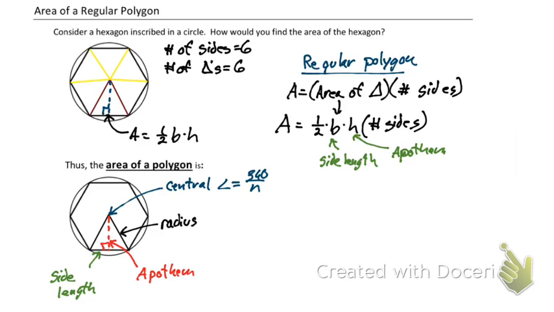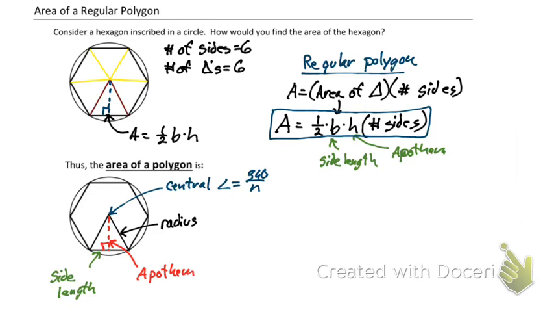It's not terribly important if you were just given a picture and you have to pick that stuff out. But if I give you a problem that says the side length is 12 and the apothem is 8, you have to know where it goes in the equation. So the area of a regular polygon is as stated like this, but you should really think of it as being 1/2 your side length times your height times your number of sides. Instead of height, I should have said apothem. So 1/2 your side length times your apothem times your number of sides.